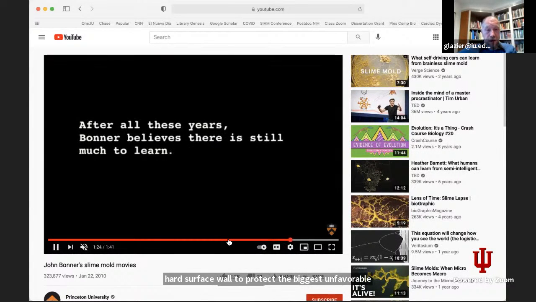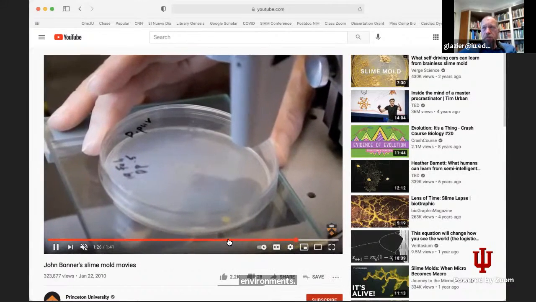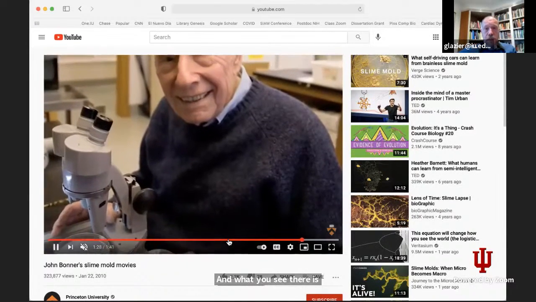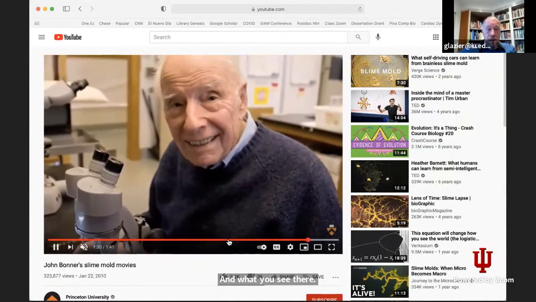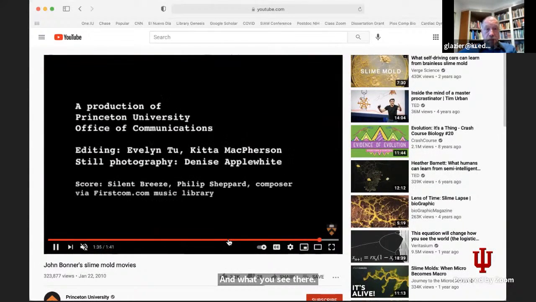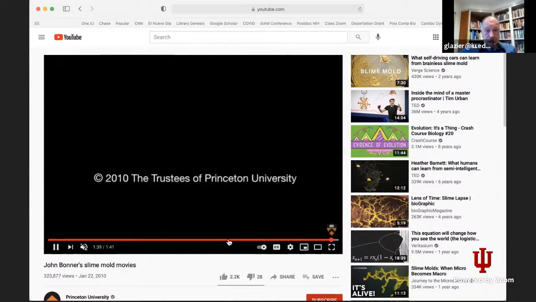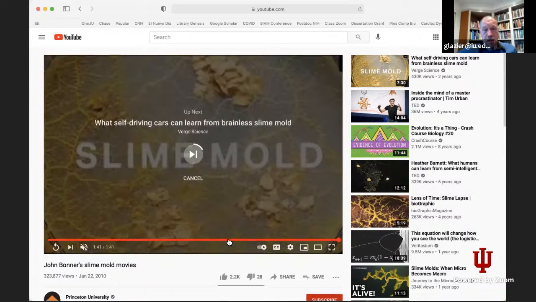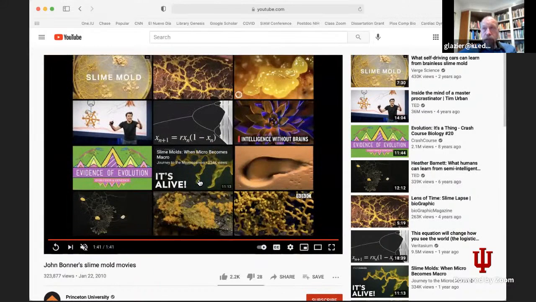And what you see there is that some of the cells form spores, and some of the cells die and become rigid and form that stalk. And the idea is that if some animal or the wind knocks the spores off, they can distribute and move far away, because the cells normally live in the ground.